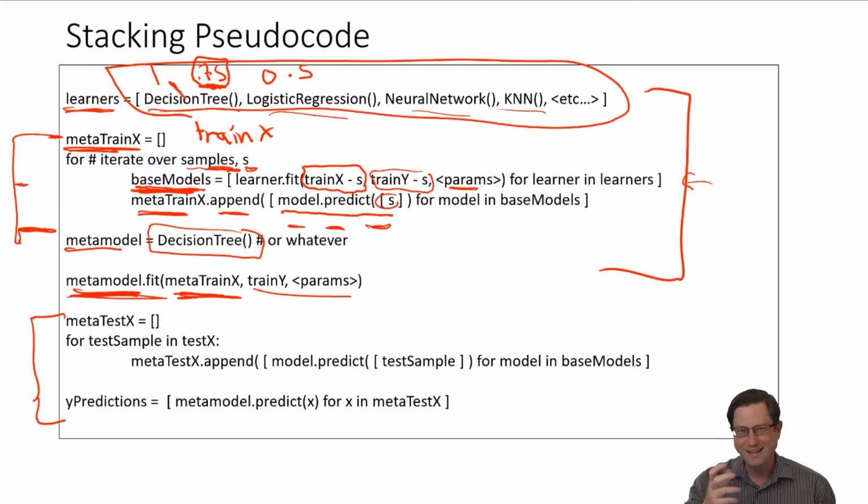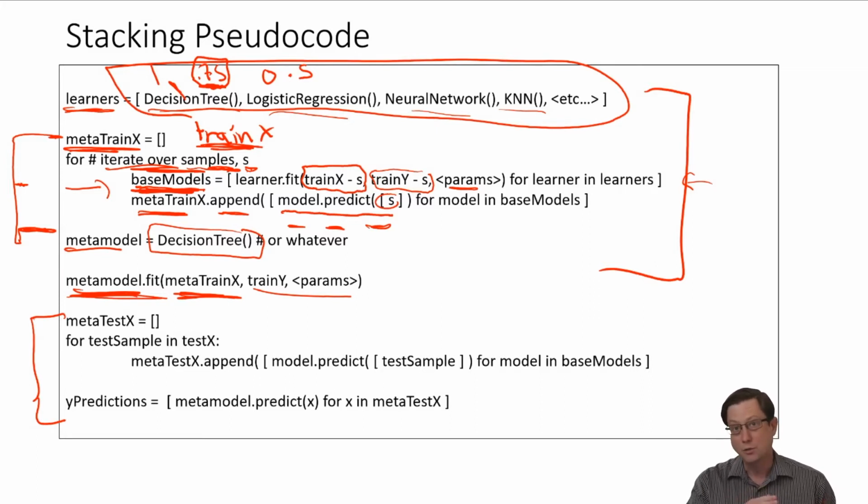But yeah, probably wouldn't care too much. You could take maybe the last base models that you learned, the one learned on every sample except the very last one, at the end of this for loop, and you could ship those because, if one sample is 0.001% of your data, like if your training X is 10,000 samples, something along those lines, you don't have to get too persnickety about that type of stuff.